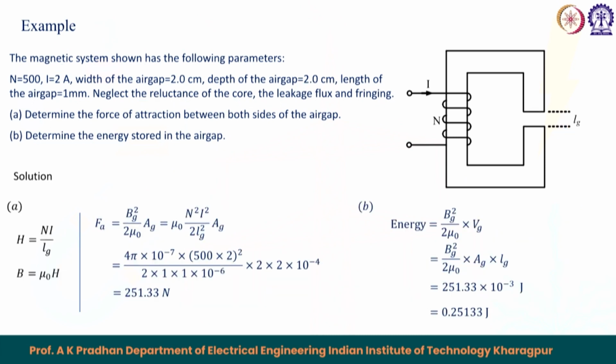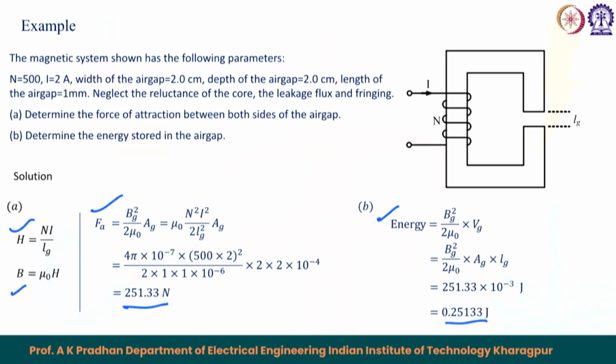So, this leads to us, as I mentioned, H equals NI upon L and B equals mu naught H. So, therefore, this Fa equals Bg squared upon 2 mu naught Ag, and this leads to the corresponding Fa equals 251.33 Newton. Similarly, the energy equals Bg squared upon 2 mu naught into Bg... into the volume Ag into Lg, and this gives us the corresponding energy contained in the air gap.